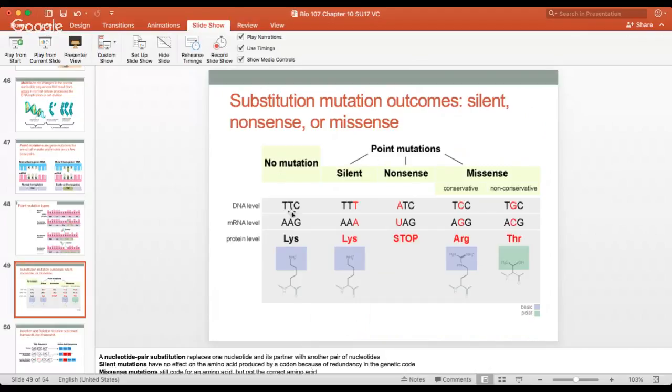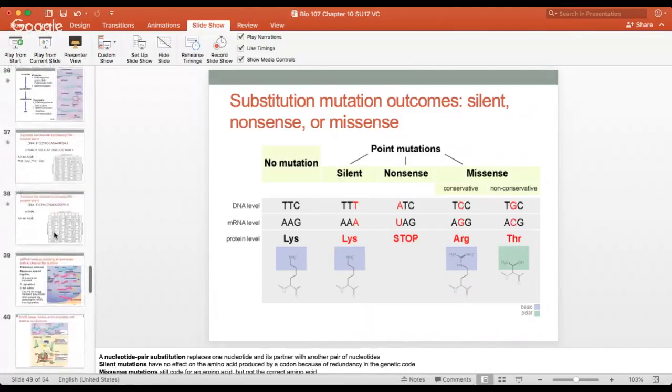So our normal sequence is that we have in our DNA TTC, which makes our mRNA AAG, which makes the amino acid we're coding for, lysine. A silent mutation is when one of these bases changes. So it's different from the non-mutated version, but overall it doesn't change anything, because amino acids are coded for by multiple codons.